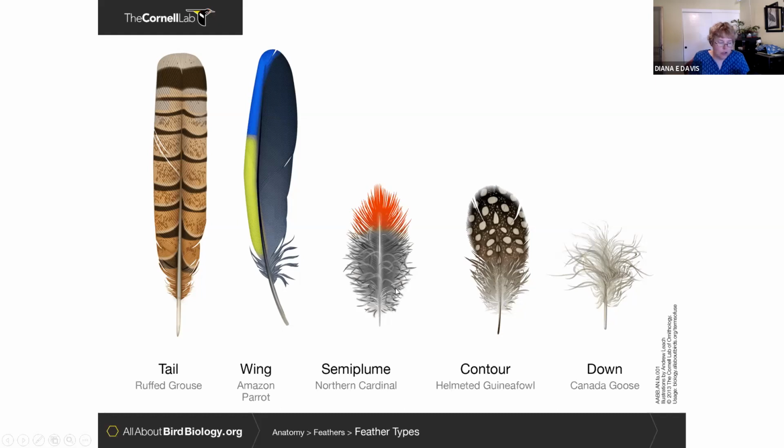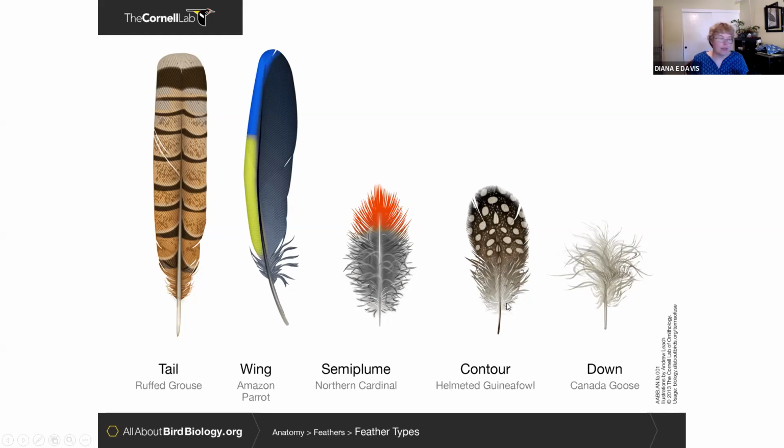So it's kind of a cross between an organized feather and a down feather. Contour feathers, the description is similar to semi-plume, except now, instead of being organized near the shaft, they're organized on the outer end toward the far tip of the feather, and then they're loose and fluffy towards the body.